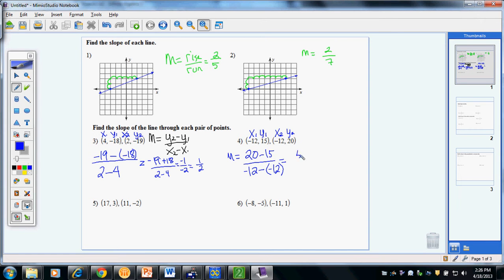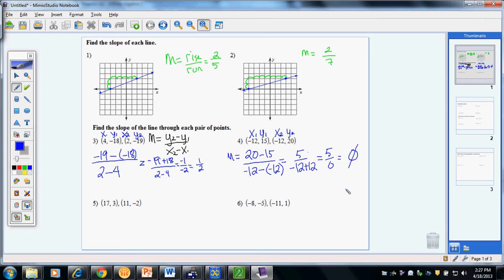This is going to give us 5 over, negative times negative is a positive, so negative 12 plus 12, which is 5 over 0. Because we cannot have a 0 in the denominator, our slope is undefined.